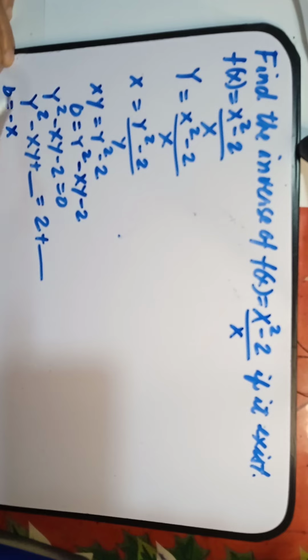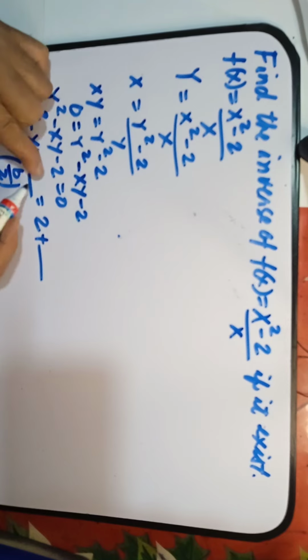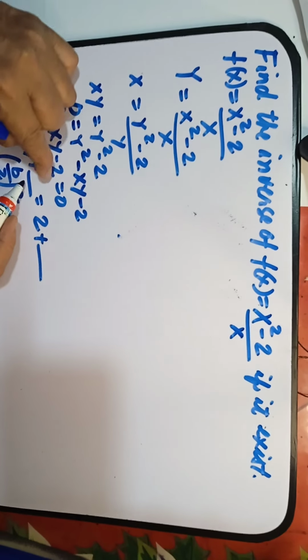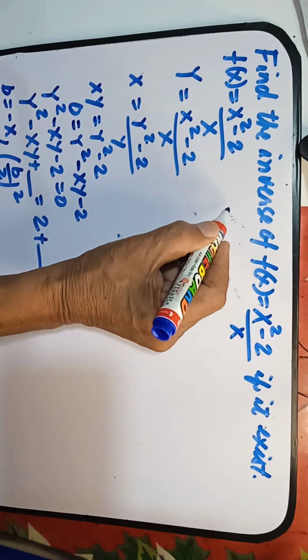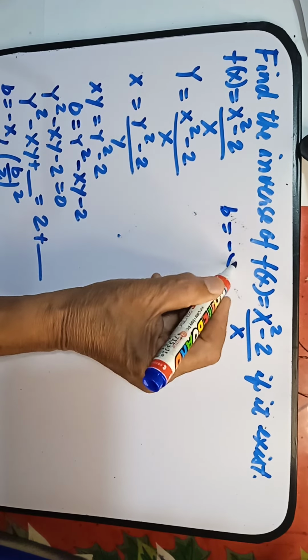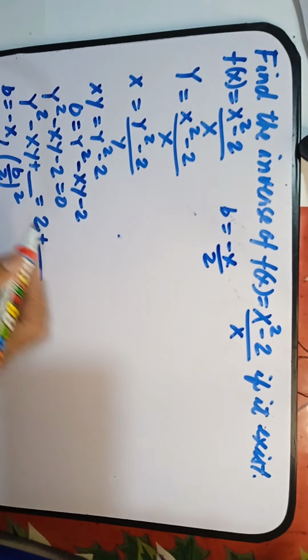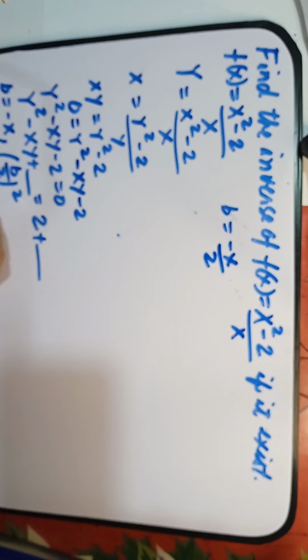A is 1, b is negative x, and c is 0. So our b is negative x, and the formula is b over 2 squared. B over 2 squared shall be placed here to make this a perfect square. So we have our b is negative x. We divide that by 2 because the formula is b over 2, then square it.